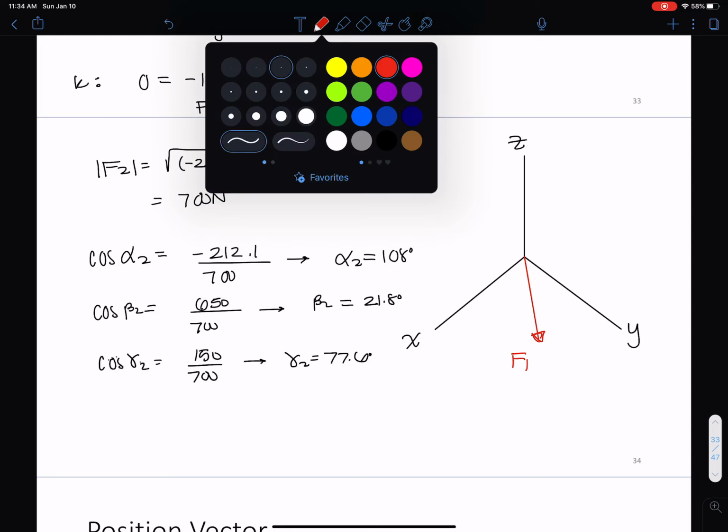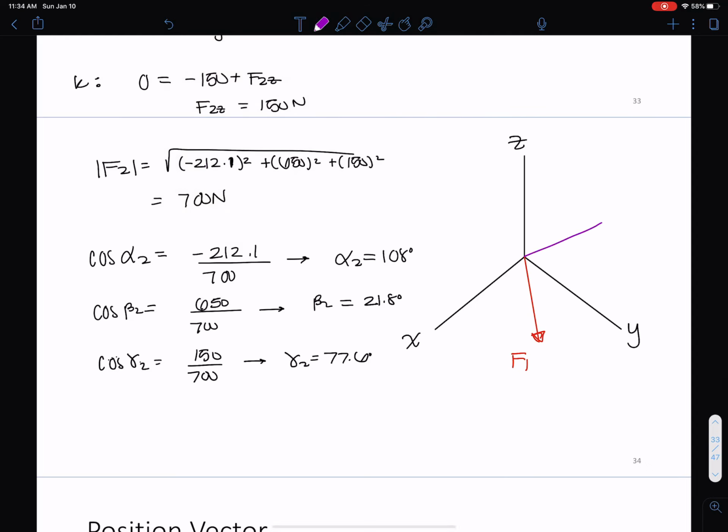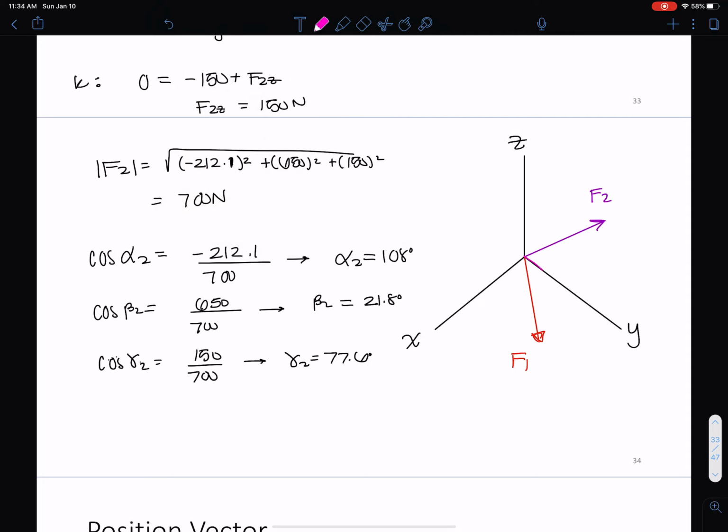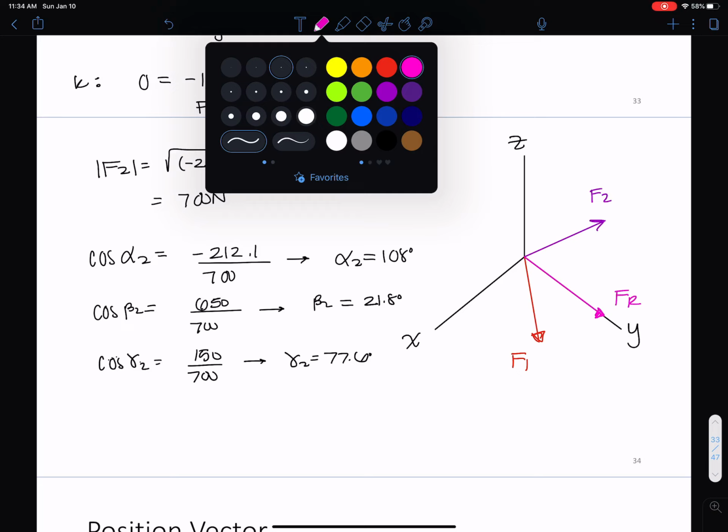I have an F2 that acts somewhere here. And I have an FR. Okay, and I was looking for F2.